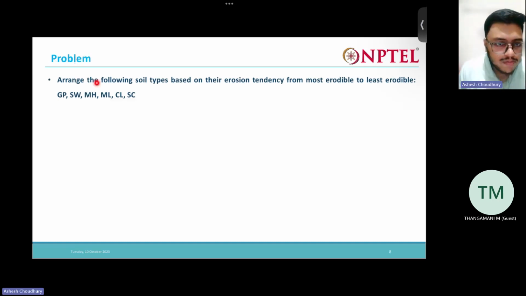Okay. Now we have a short question. Arrange the following soil types based on their erosion tendency from most erodible to least erodible.